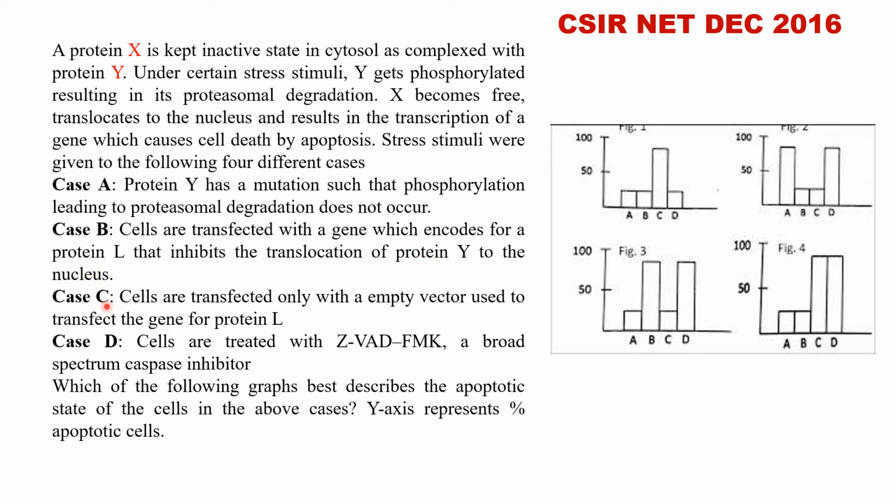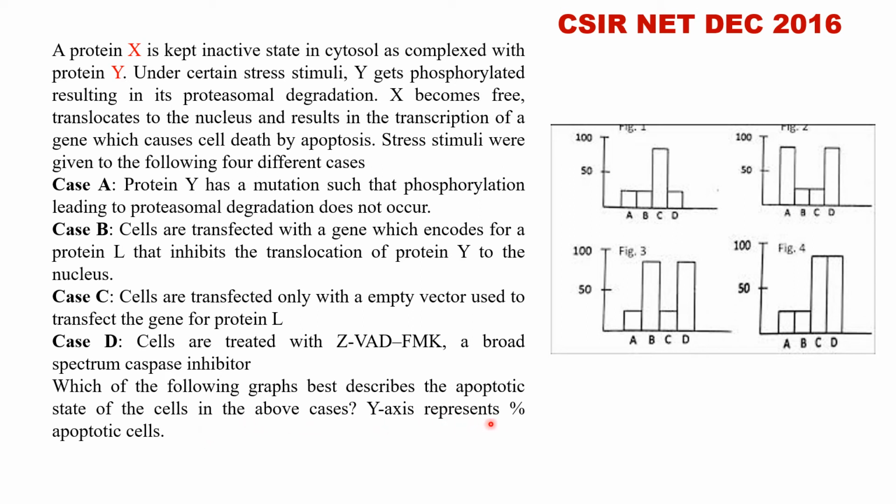Case C, cells are transfected only with an empty vector used to transfect the gene for protein L. Case D, cells are treated with ZVAD-FMK, a broad spectrum caspase inhibitor. Which of the following graphs best describes the apoptotic state of the cells in the above cases?